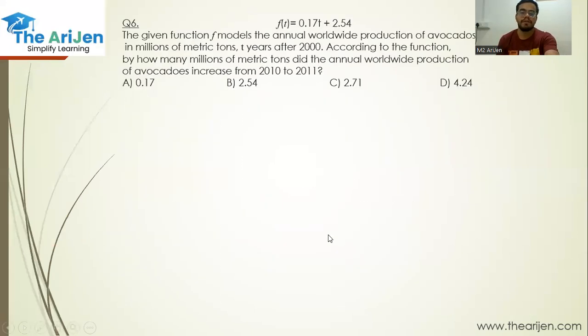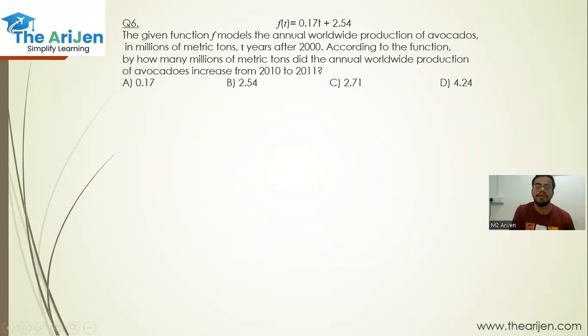So we have solved these five questions. Okay, let's move to the next question. So the question says f of t is equal to 0.17t plus 2.5, right?